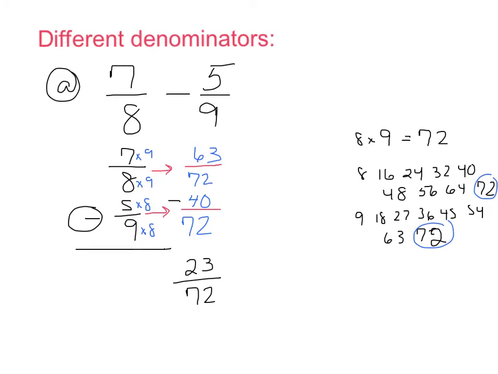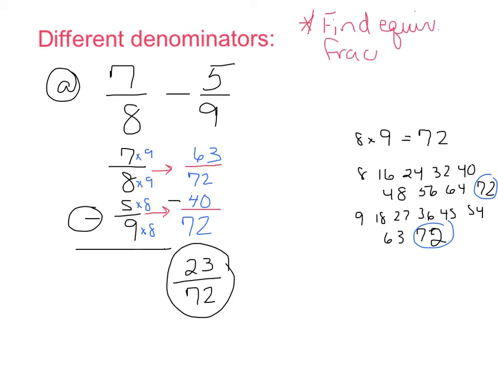And I need to look to see if I can reduce this. In this particular case, I can't, unless 72 is divisible by 23, which it is not. So that becomes my final answer. The key part when dealing with different denominators is to find equivalent fractions with the same denominator.